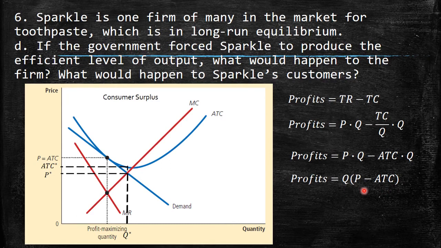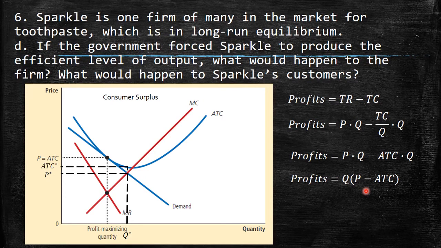So here we can conclude something really interesting. Anytime the price is higher than the average total cost, your profits should be positive. Anytime the price is equal to the average total cost, your profit should be zero. Remember the first slide I showed you, when the price equals average total cost, because we were talking about the long run where the profits are equal to zero.